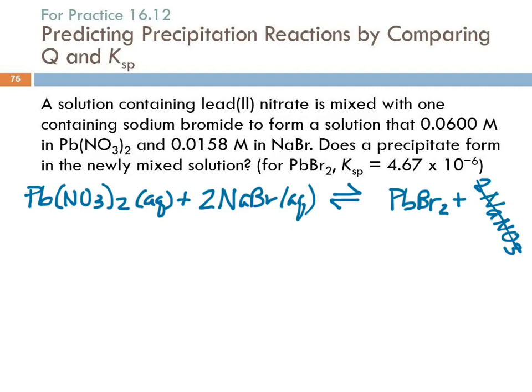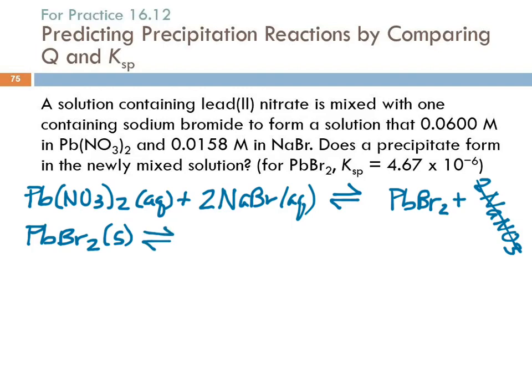So we're going to check Q, right? We need an equation here so that we can write the expression. So this is kind of helpful here, but that's not what we need. It would be for dissolving PbBr2.